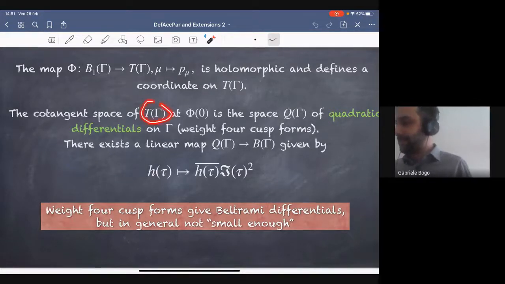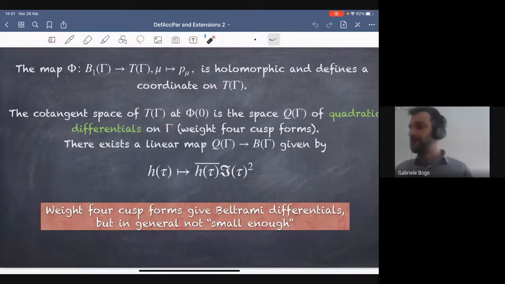This space is a manifold, and the coordinates are given by this map locally, and the cotangent space to the Teichmüller space, for example at this point here, is given by the so-called space of quadratic differentials, which are simply the cusp forms of weight 4 with respect to the group gamma.